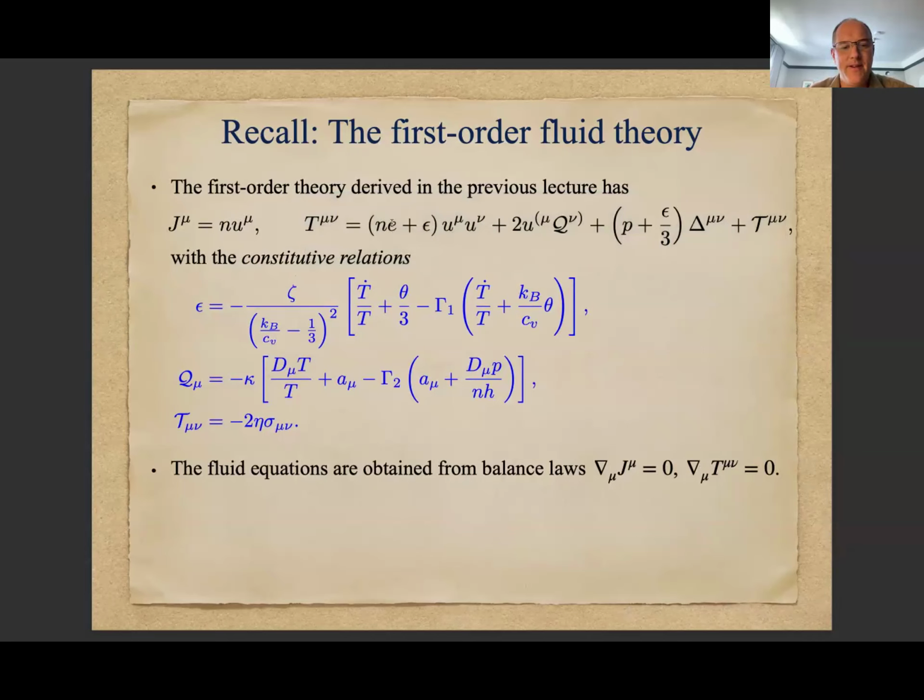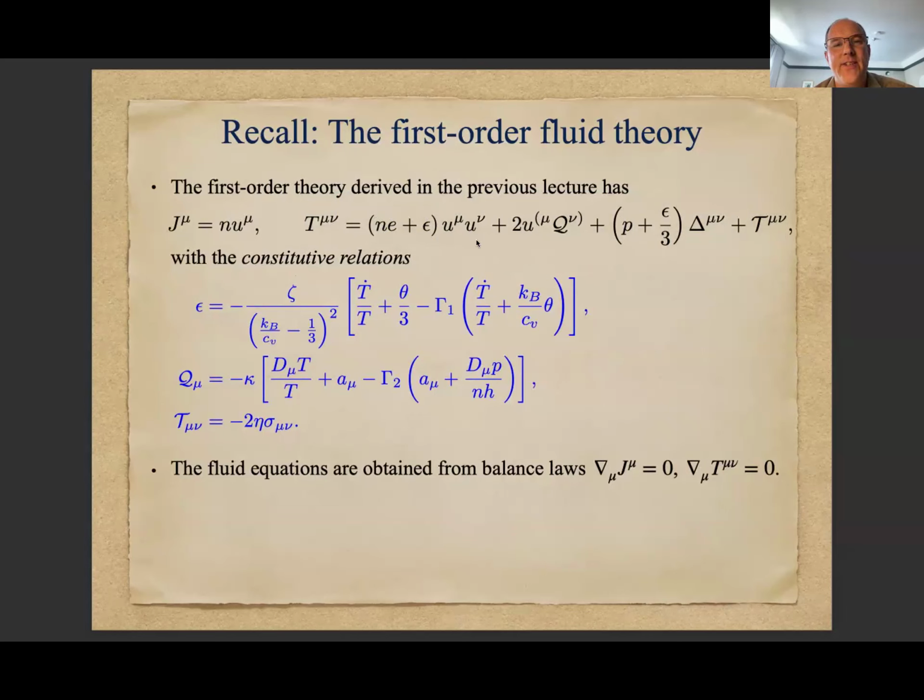This little e here will be the energy per particle. This epsilon here would then be the off equilibrium contribution. Q would be the heat flow. P is the pressure. And remember, I told you yesterday that we impose this trace fixed particle frame.